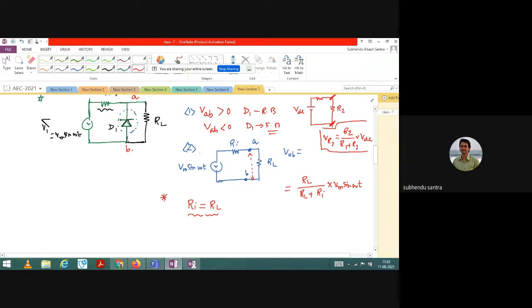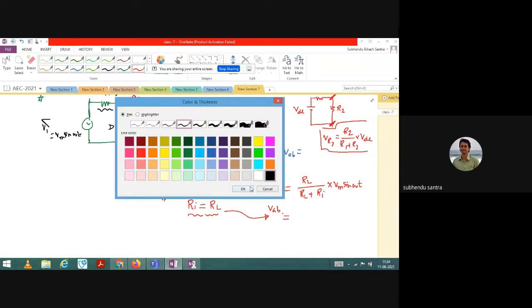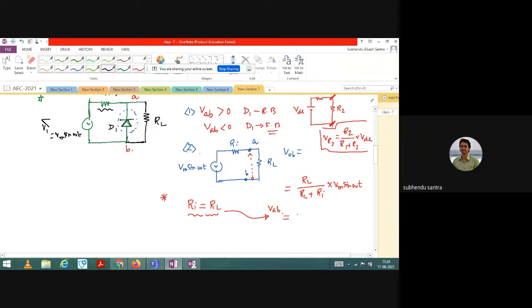If the Ri value is equal to RL, then for this case VAB I can write as 1 by 2 Vm sine of omega t. So that means I can simply write Vm by 2 sine of omega t. This is your VAB, this is the voltage. Very important, the second step.